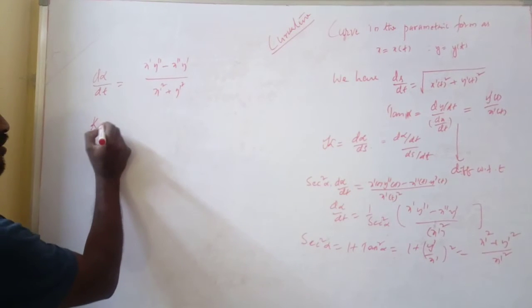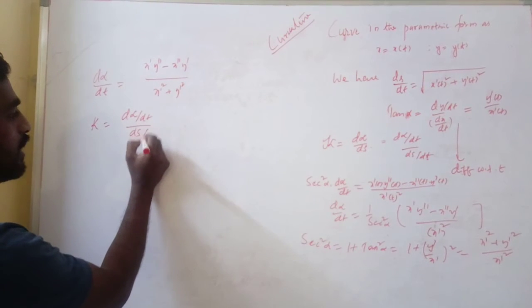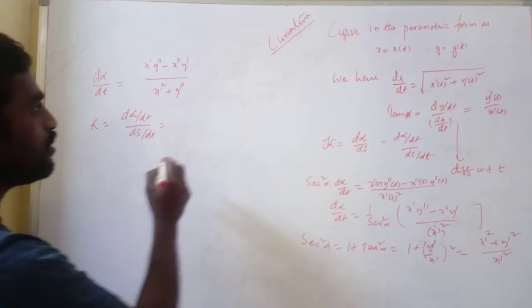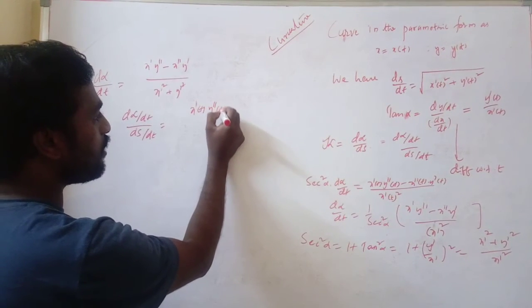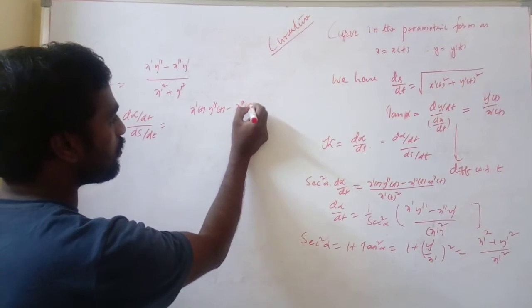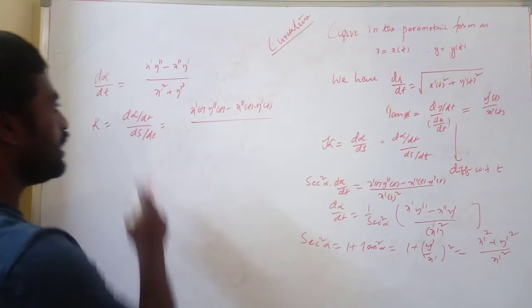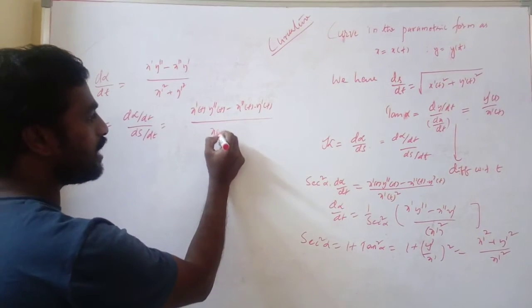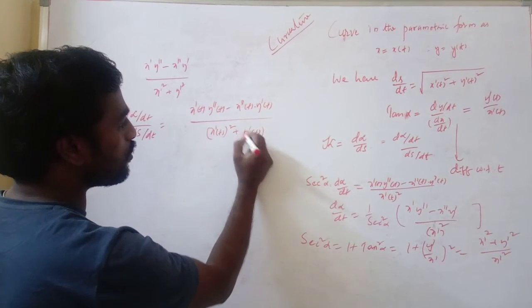So we know the curvature k equals d alpha by dt by ds by dt. Writing x dash as a function of t, this is x dash y second derivative minus x second derivative y derivative, divided by x derivative power 2 plus y derivative power 2.